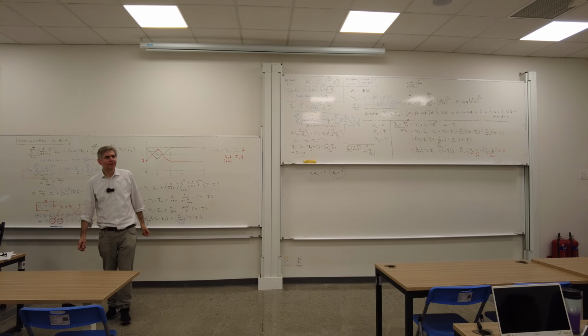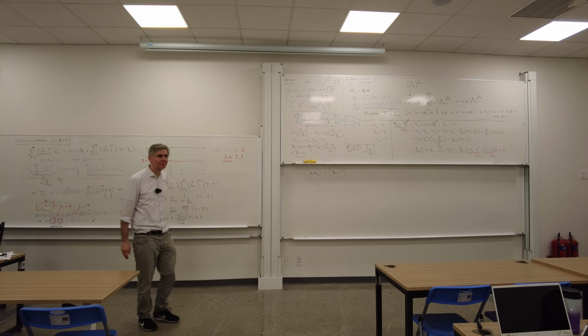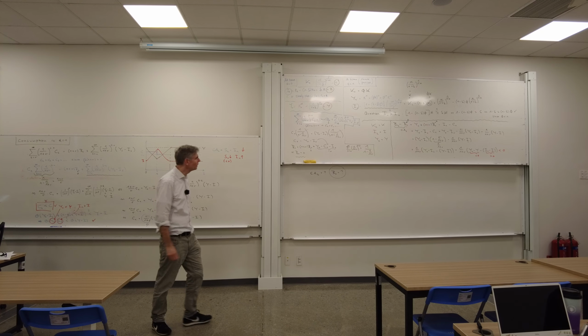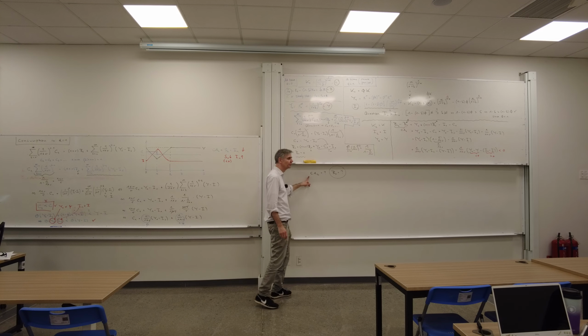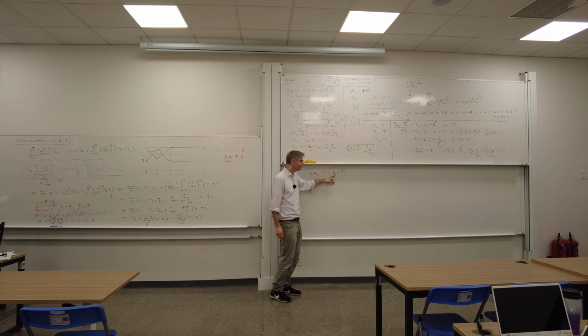Now, what do you think? So let's start by guessing. What will be the current account in period 2? And what will be the net international investment position in period 3? Just intuitively.